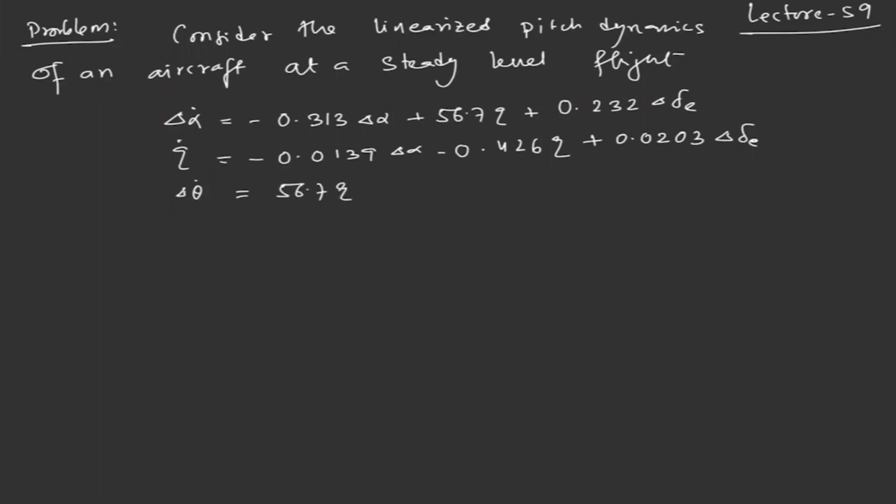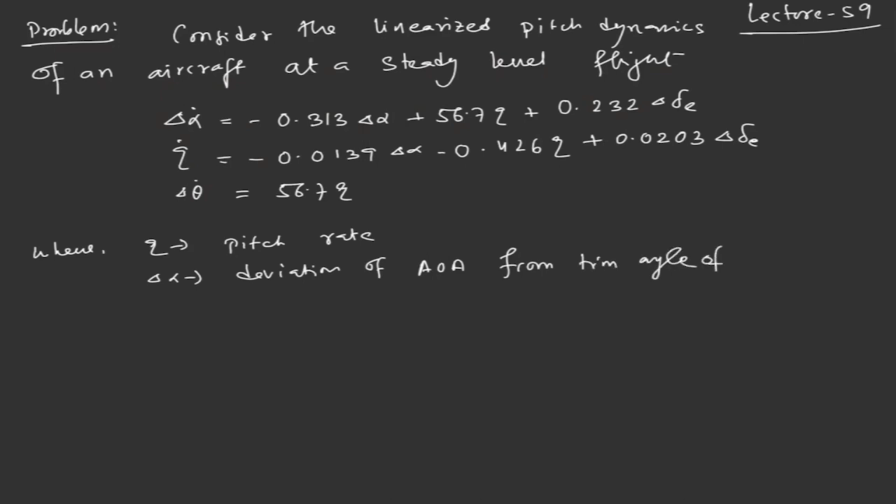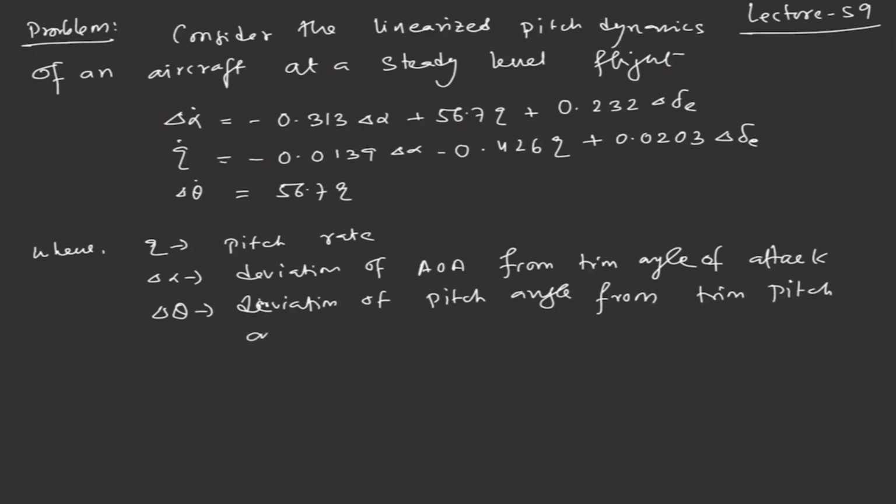56.7 Q. And where Q is the pitch rate, delta alpha is the deviation of angle of attack from trim angle of attack, and delta theta is the deviation of pitch angle from trim pitch angle.